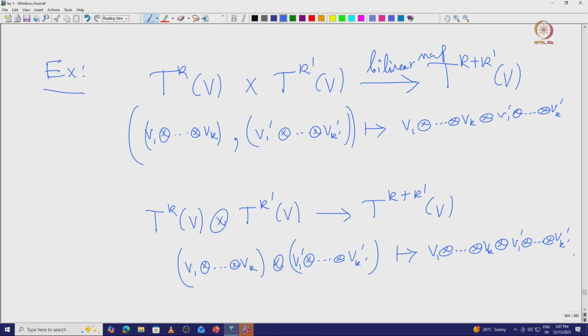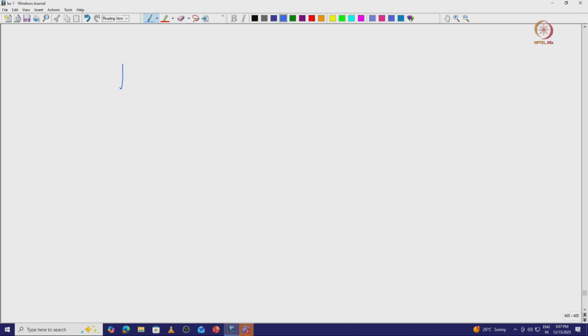And you can see that this is like a product that you can define on the direct sum of T^k V, and that is what is called the tensor algebra. So, the tensor algebra, as a vector space, is given by this graded vector space, where the kth graded piece is nothing but the k-fold tensor product.